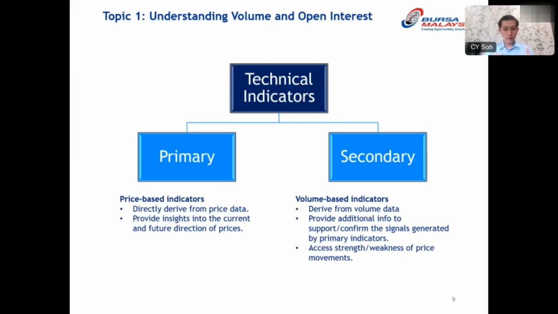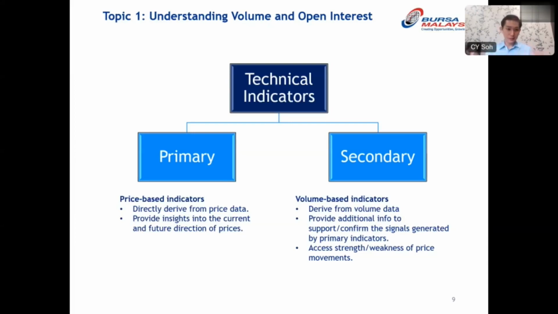They all offer a broad perspective on the market dynamics, particularly in looking at the level of participation and interest among market participants. So it's important to take note that although secondary indicators are useful, they should not be used in isolation.